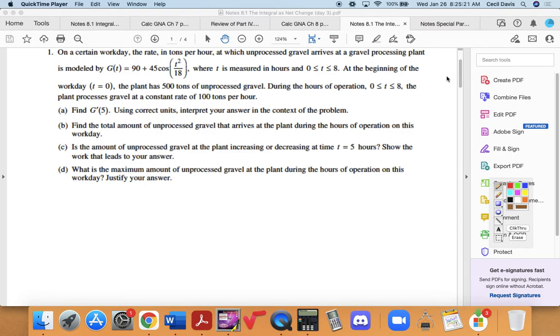So you're getting a certain amount every hour, but it increases and decreases sinusoidally. Notice one thing that I do appreciate about them at the College Board, because they are mathematicians, they use good variables for things. G of t for the rate at which gravel is arriving.